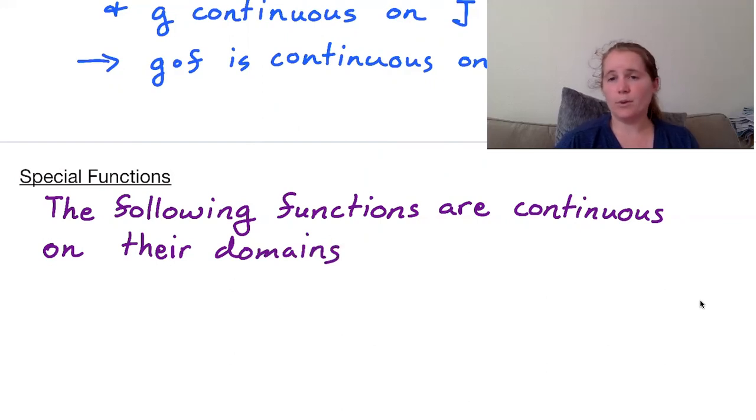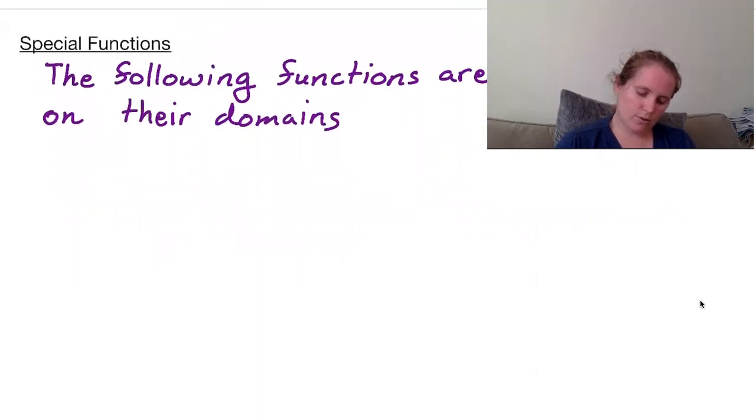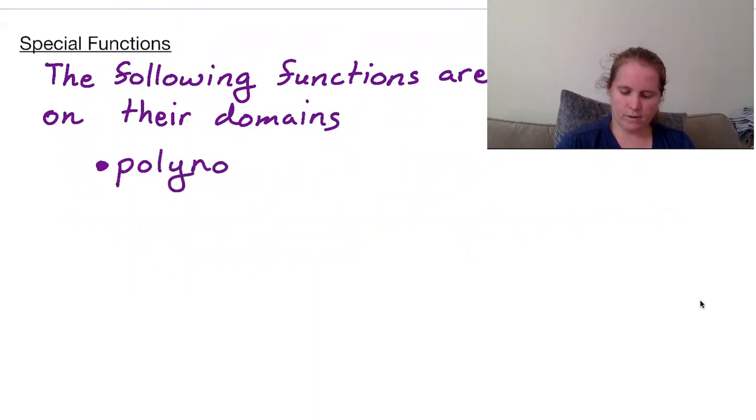So you don't have to prove the limit is equal to the function at every single point in the domain. You can just use this fact that these functions are continuous on their domains. So polynomials are continuous on their domain, which is all real numbers. So polynomials are continuous on all real numbers.